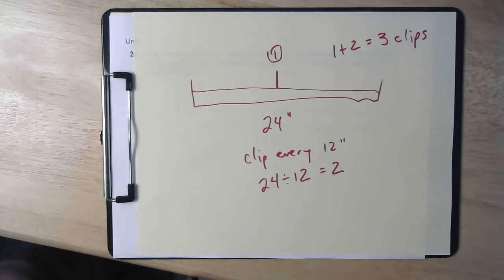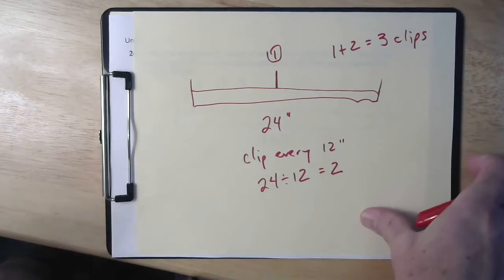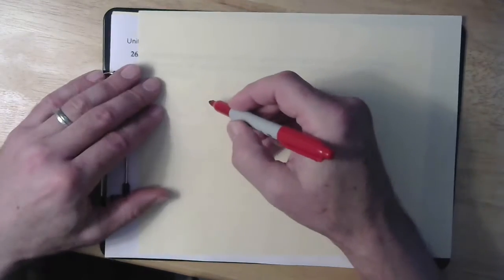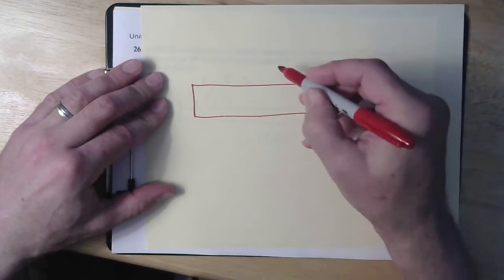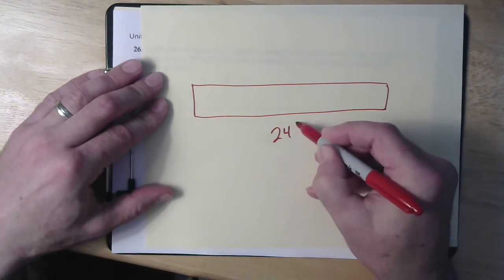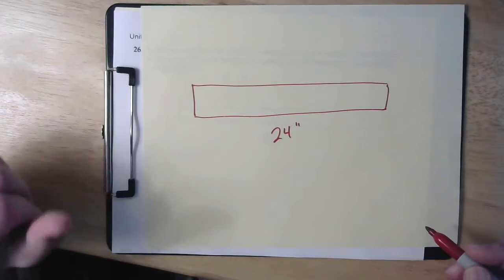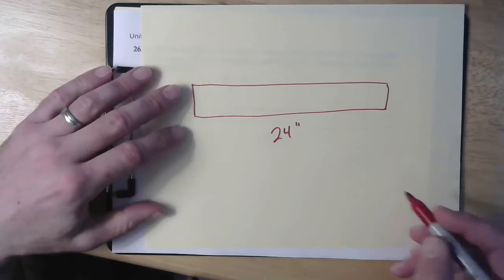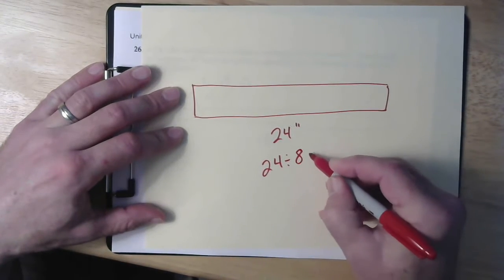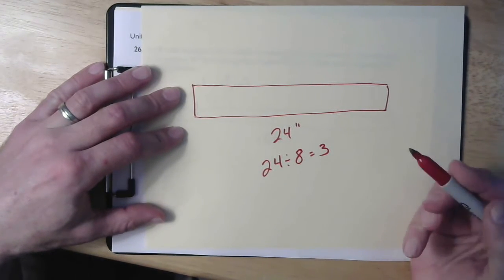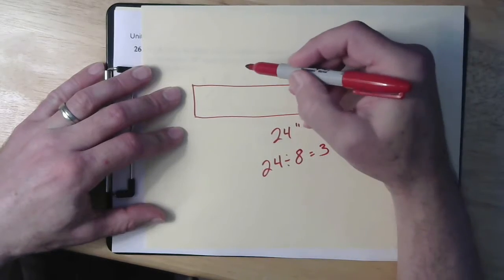Now let's imagine we do clips every 8 inches. So I got my fake seawall that's 24 inches long, and I go every 8 inches I want a clip. So that means I'm going to do 24 divided by 8 is 3, but it's not going to be 3 clips.